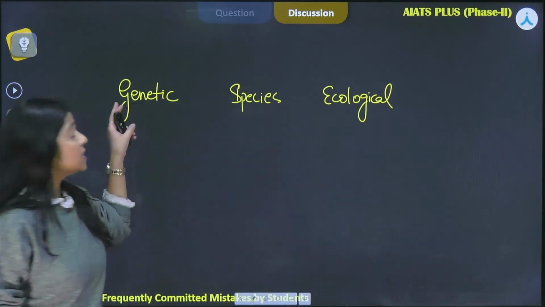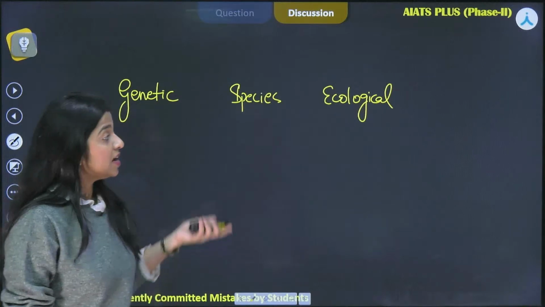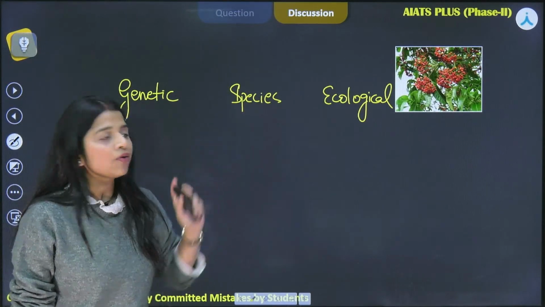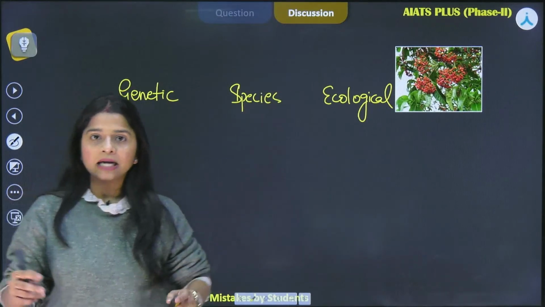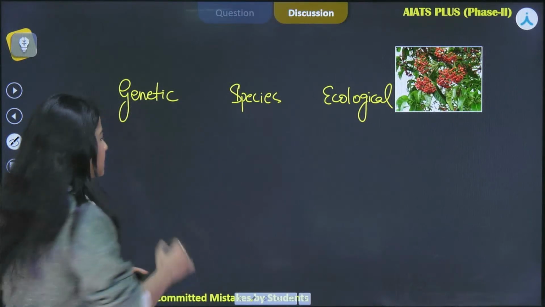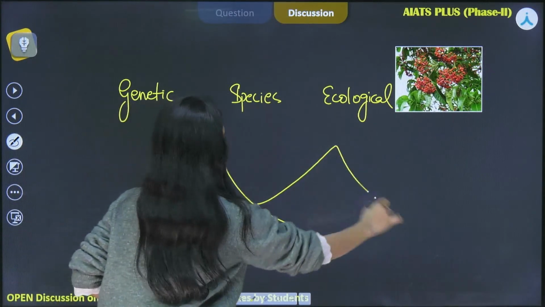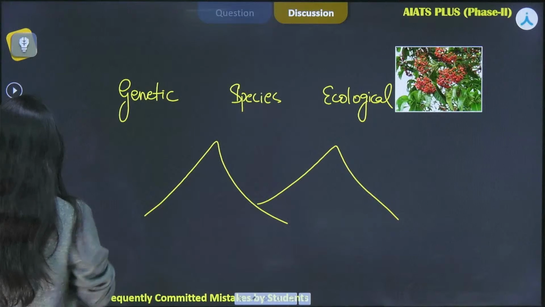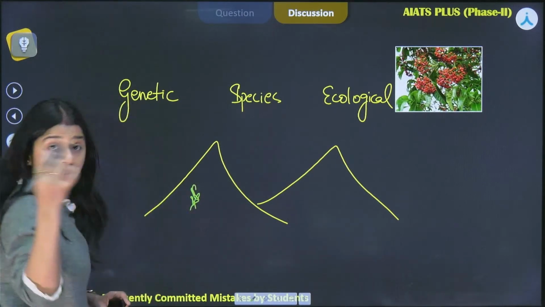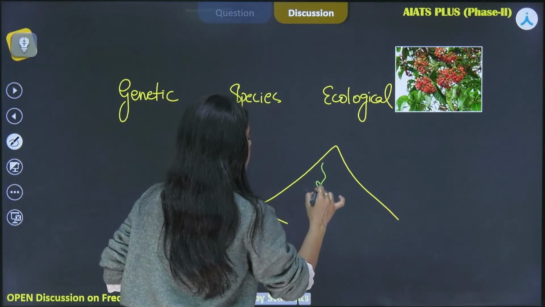While we are speaking of genetic diversity, we have the example of Rauwolfia vomitoria. Okay, Rauwolfia vomitoria is a plant that is found in the Himalayan ranges. Let us say this is the whole range, and one Rauwolfia is growing over here, and the other Rauwolfia vomitoria is growing over here.